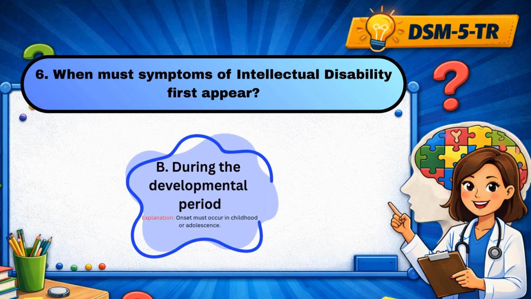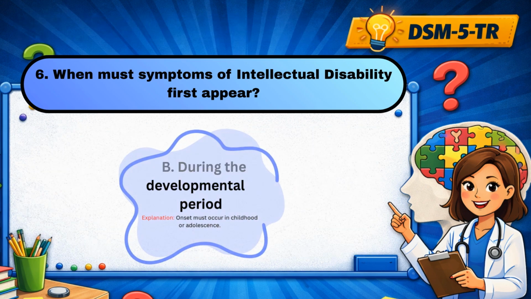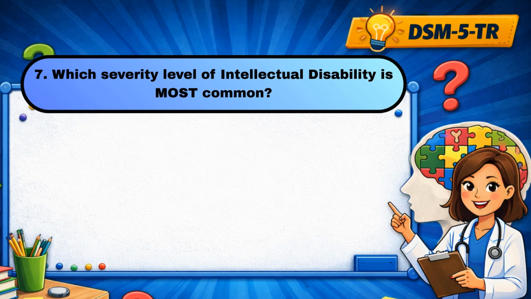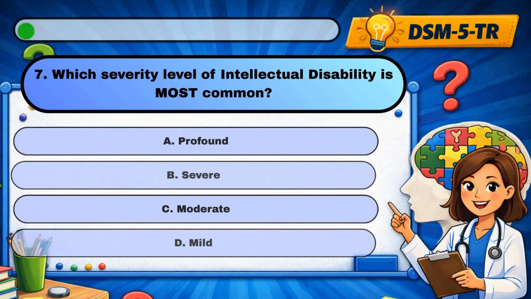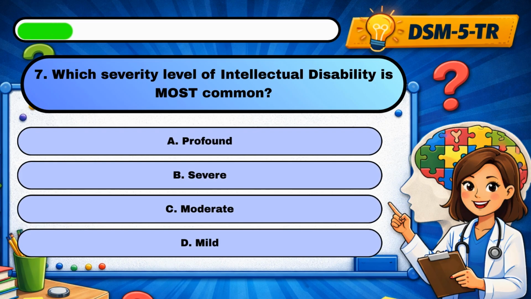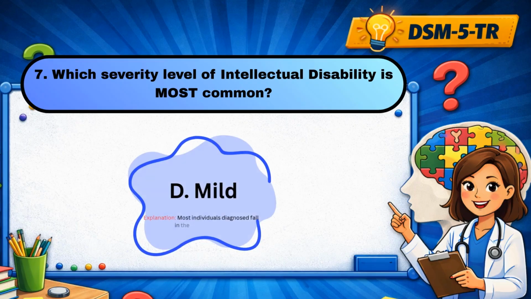B. During the developmental period. Which severity level of intellectual disability is most common? D. Mild.